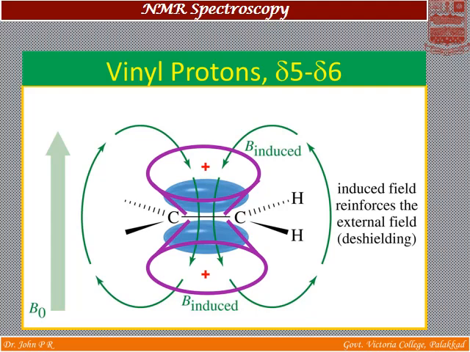So the induced field, which is aligned with the applied field near the hydrogens, is less compared to the aromatic system. That is the reason why the vinylic protons have less chemical shift value compared to aromatic hydrogens.